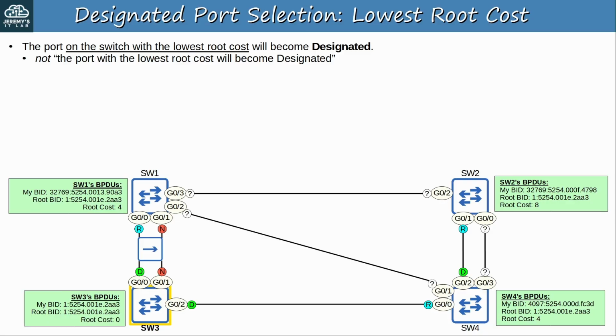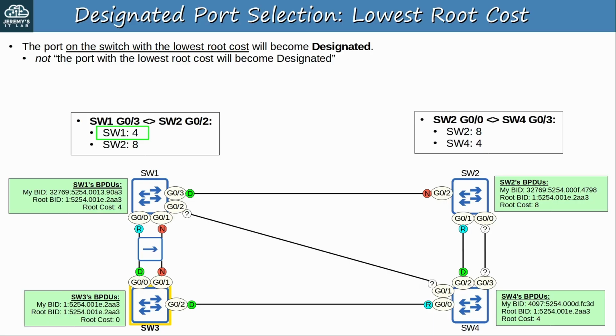For example, for the switch 1 G03 to switch 2 G02 link, we should compare switch 1's root cost out of its root port, G00, to switch 2's root cost out of its root port, G01. So switch 1's root cost is 4, and switch 2's root cost is 8. Switch 1's root cost is lower, so switch 1's side of the connection becomes designated, and switch 2's side of the connection becomes non-designated.